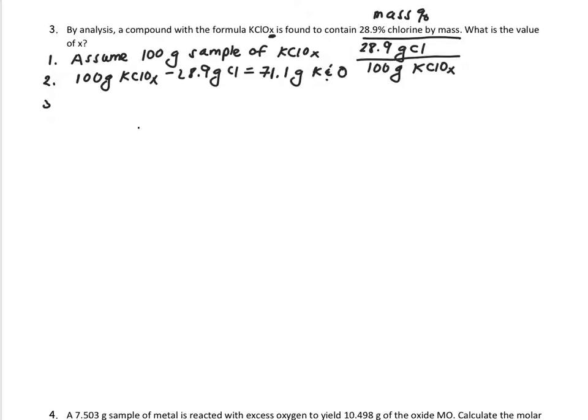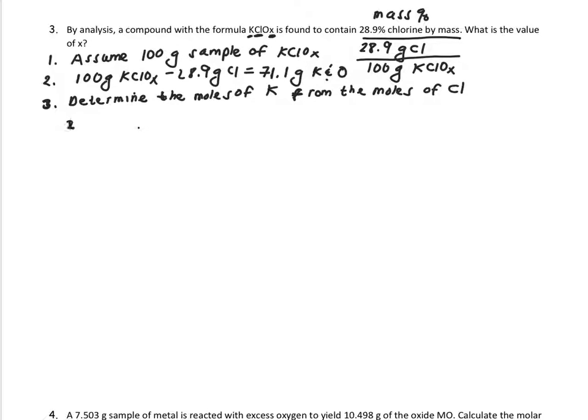In our third step, we're going to determine the moles of K from the moles of Cl. And we can do that because there's a 1-to-1 mole ratio. The subscripts are 1 and 1, so it's a 1-to-1 mole ratio.